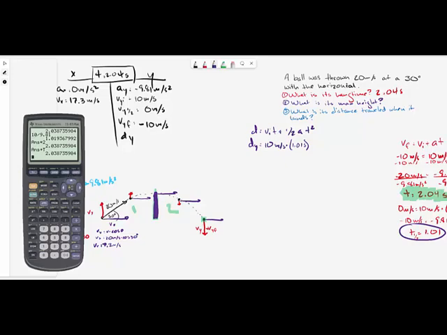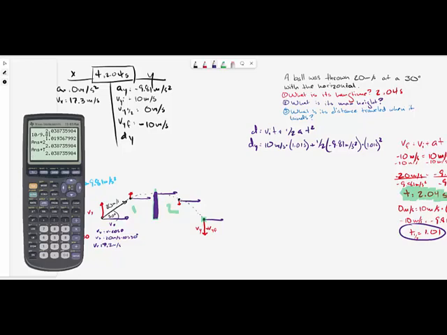In fact, you could solve the same way. Let's finish writing this out, and I'll show you a different way you can write this if you prefer. Plus 1/2 negative 9.81 being the acceleration, meters per second squared, times, again, 1.01 seconds squared.